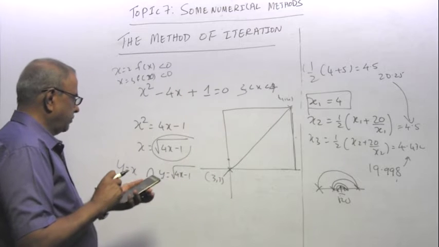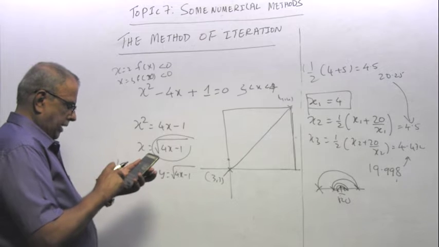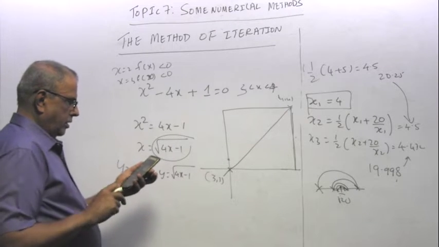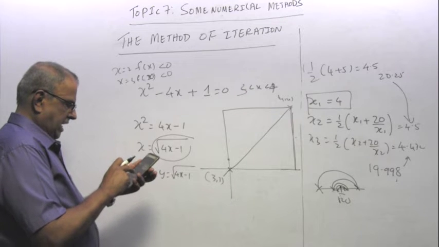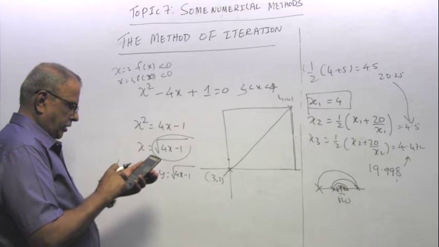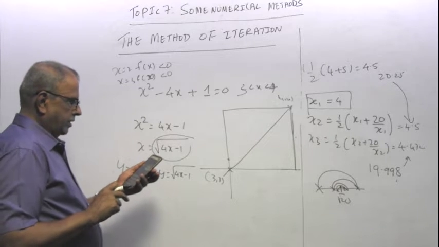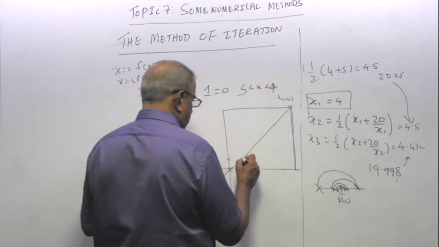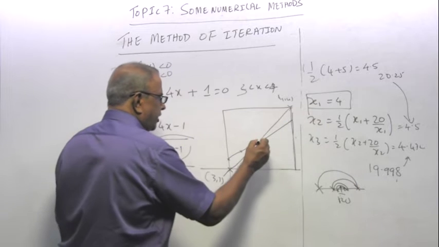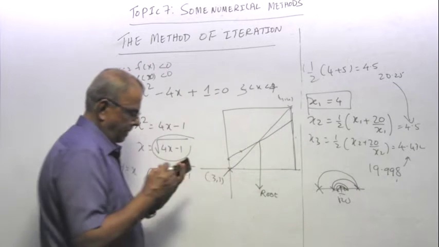Let's say 3.2. Square root of, open the bracket, 4 times 3.2 minus 1, close bracket, equal to 3.44. So if I draw that graph, somewhere there it goes like that. So do you agree that is where the exact root is?